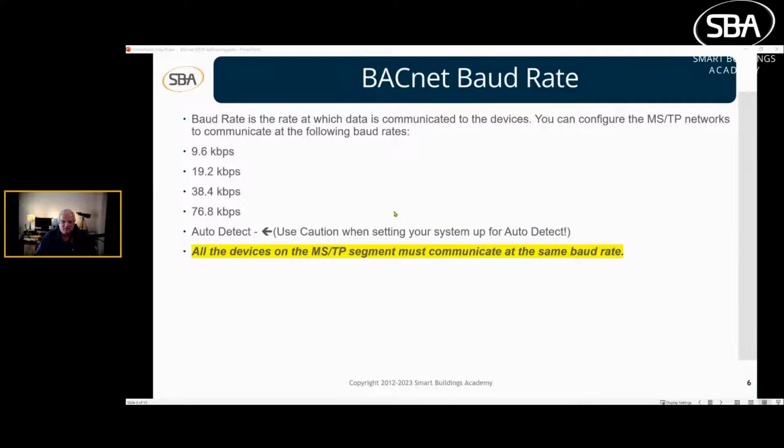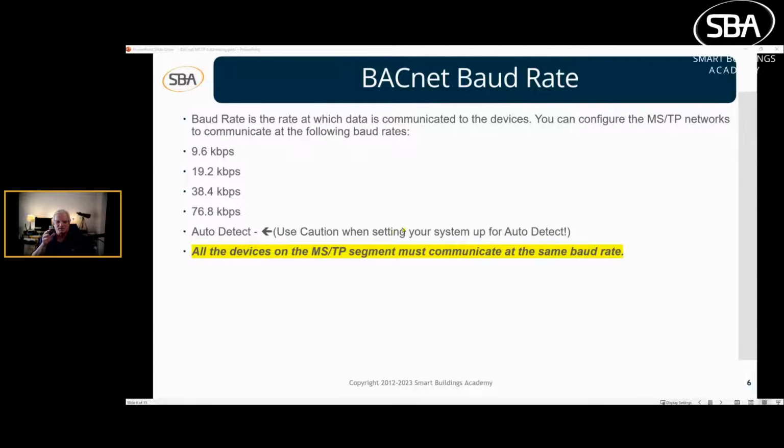Auto detect is a very useful tool if everything's going to be all on the same page, if everything's going to be talking at the same rate. But if you have autobaud set up and you do anything to interfere with that baud rate and reset the baud rates, you've got a long day ahead of you, because now you're going to go back through the network and reset the baud rate.